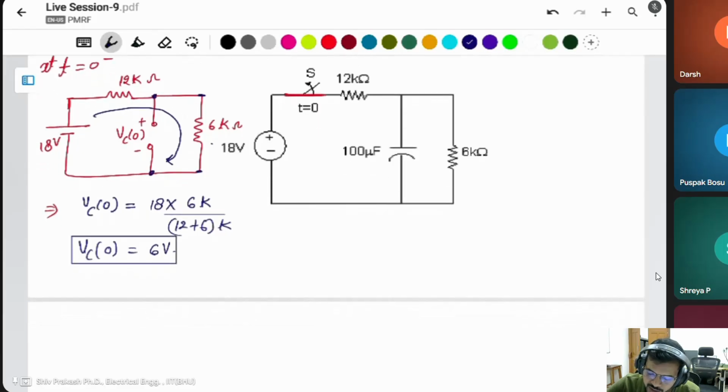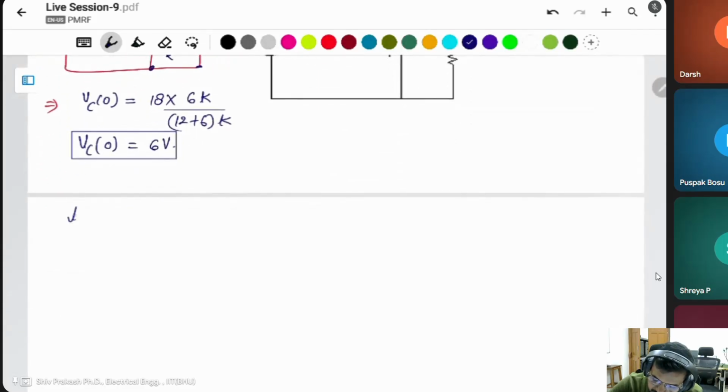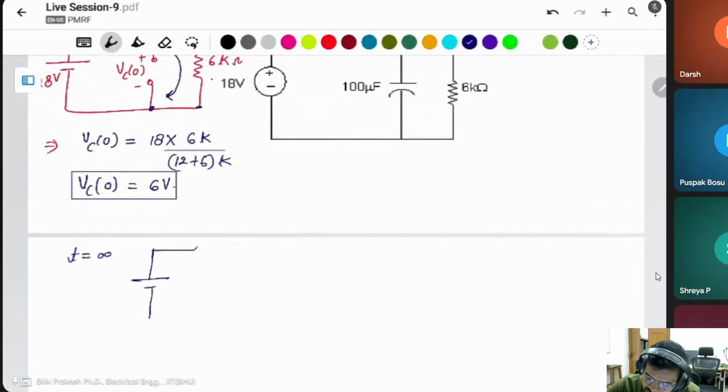Then find the circuit at t is equal to infinity. Same circuit, but the switch is open in that condition.